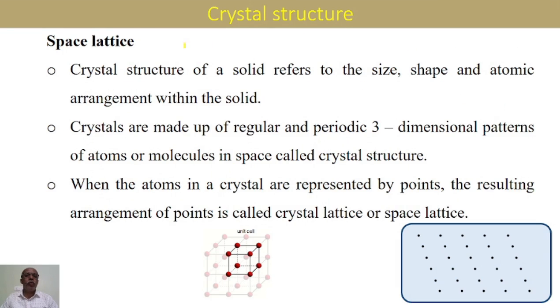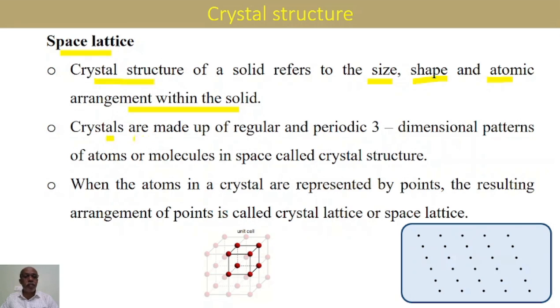Now coming to the crystal structure, we are studying space lattice. Crystal structure of a solid refers to the size of the solid, the shape of the solid, as well as the arrangement of atoms within the solid. This together is known as crystal structure.